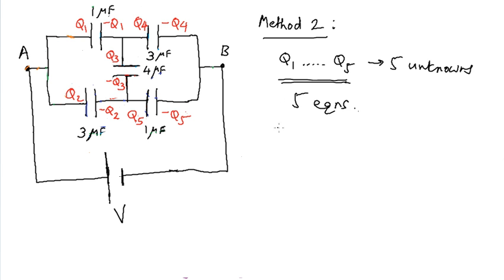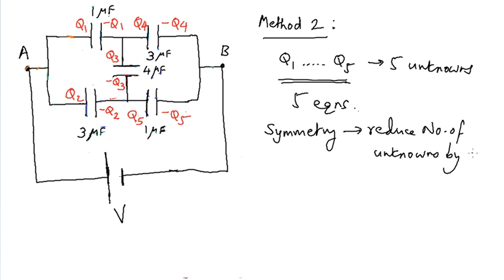Now the method we will follow is, we will use certain symmetry considerations, and we will reduce the number of unknowns by 2. So after applying these symmetry conditions, we will be left with 3 unknowns, and hence of course at this stage we will require 3 equations.